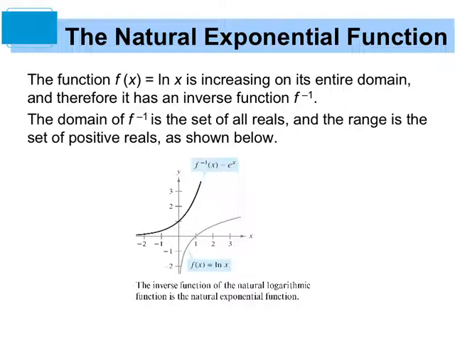And you'll recall graphically, the inverse of a function is the reflection of that function over the line y equals x. So that 45-degree line that comes through there, you reflect that over, you get e to the x. So if the natural log of x passes through (1, 0), then e to the x passes through (0, 1), which makes sense because any number raised to the 0 power is going to be 1, the exception being 0. 0 to the 0 power is not 1.